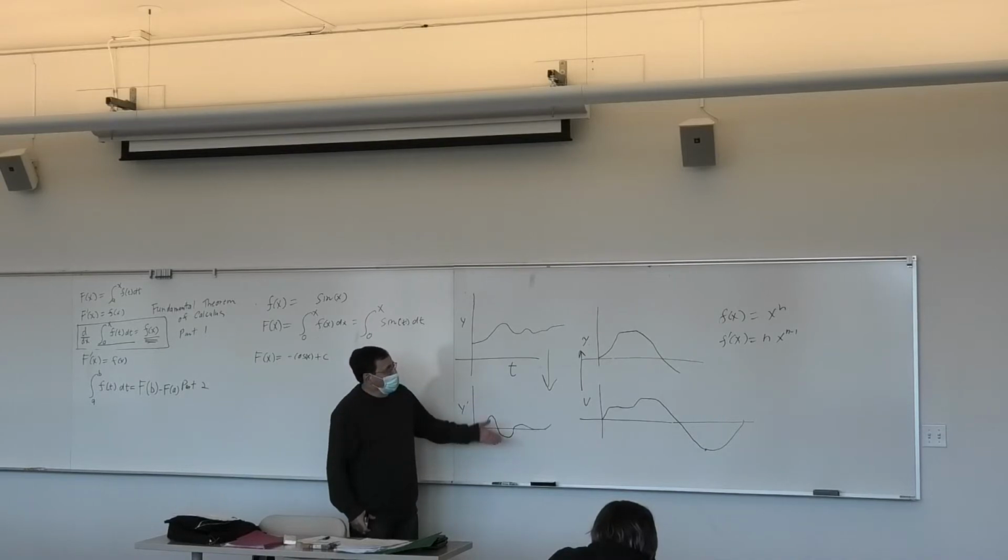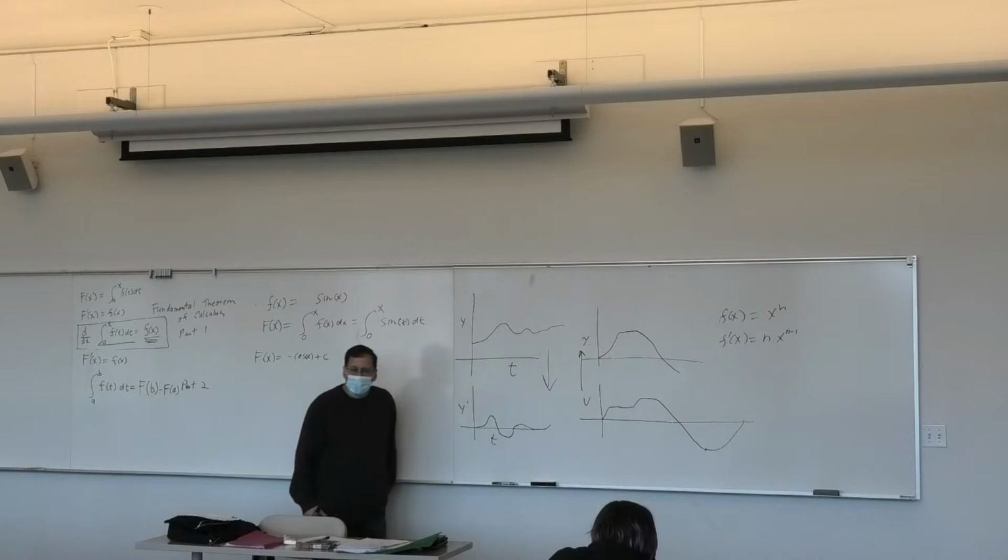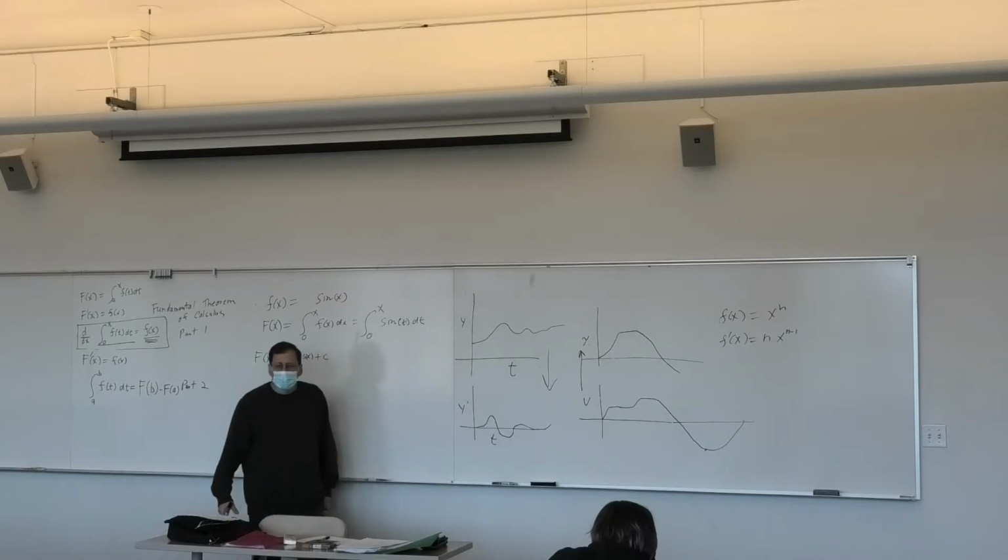Now we're trying to go in the opposite direction, and it's not so mechanical because you don't always have an antiderivative. A lot of the next course after this is looking at different ways to find antiderivatives that we're not going to cover. Mostly, we're just using what we know.